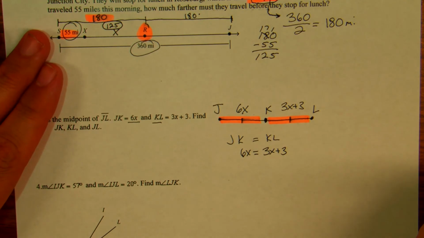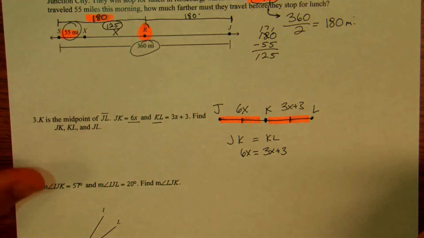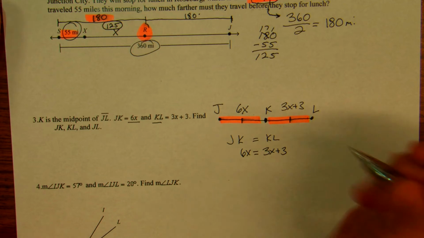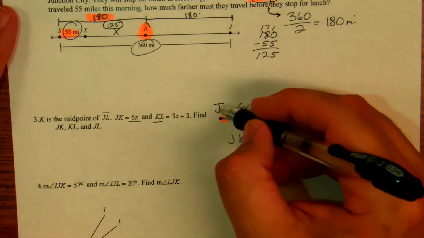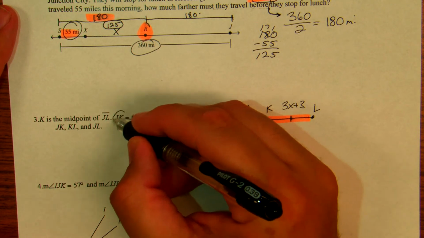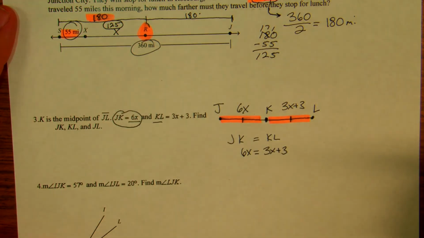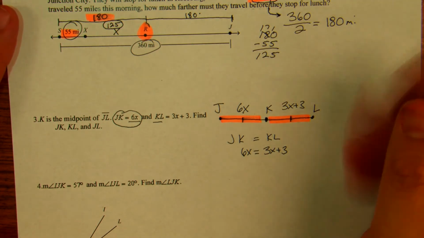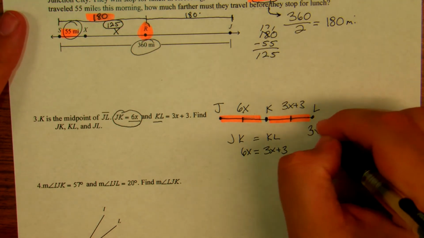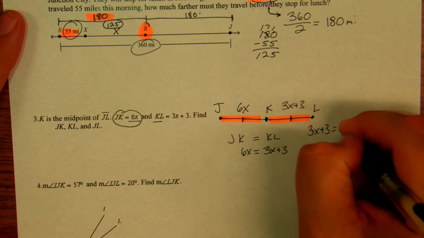What do you mean the other way around? Well, the equation? Yeah, that's fine. If you would have put 3x plus 3 is equal to 6x, that's fine. That's the same thing.